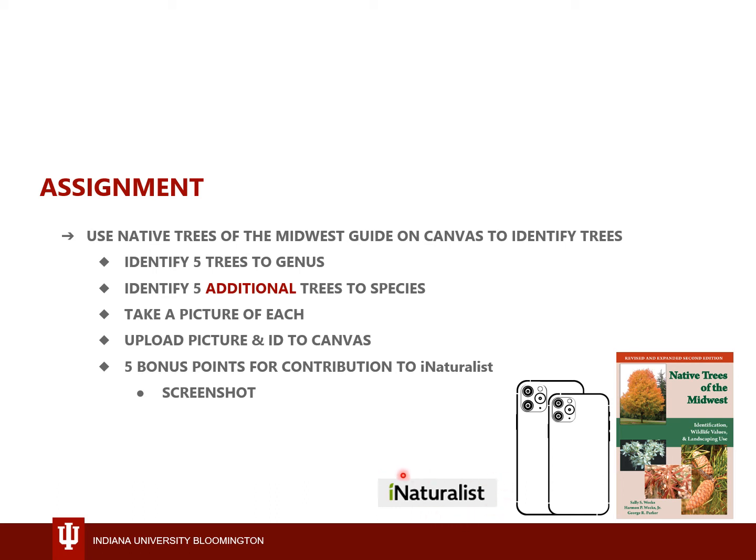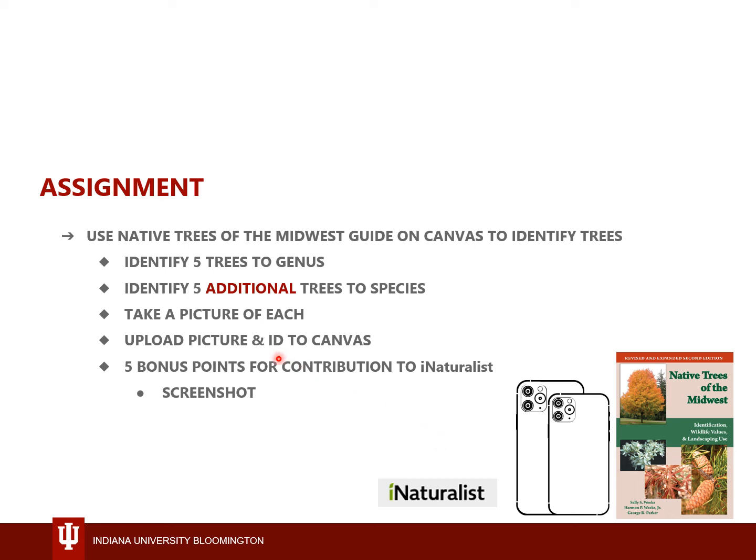If you use iNaturalist, I'll give you bonus points if you submit your contributions, and you can do that right through the app. If you do that, take a screenshot and add that to your submission, and I'll give you some bonus points. You don't have to do it. You don't even have to use iNaturalist at all. You can just use these guides. It's up to you how you want to do that.